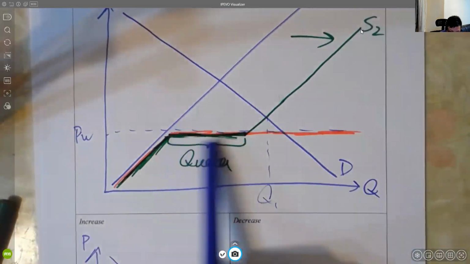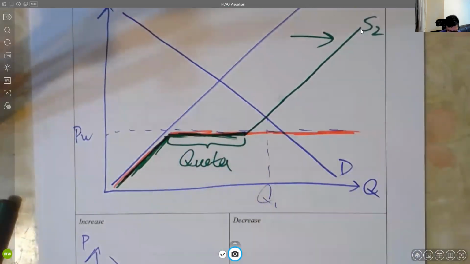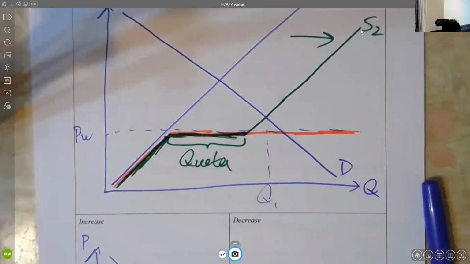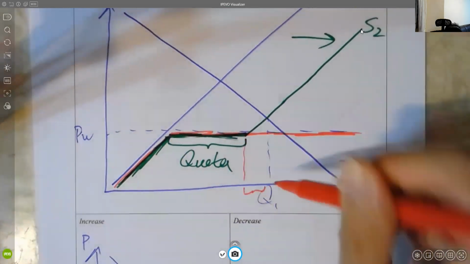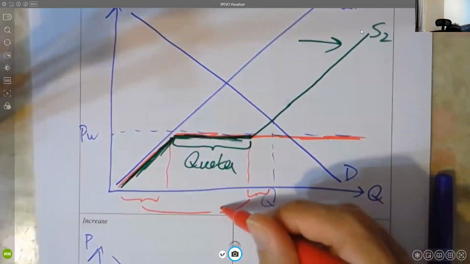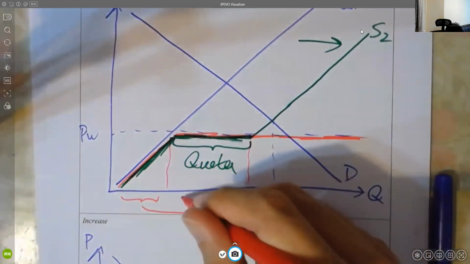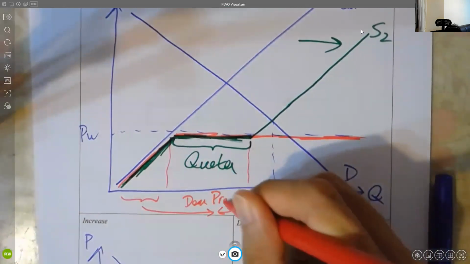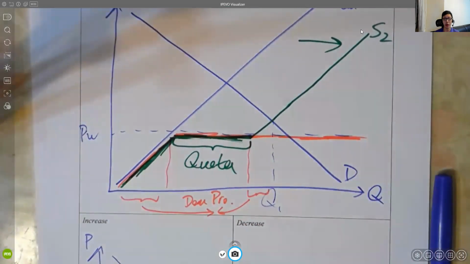So this quota will be used up. So this part and this part, these two adding together will be our domestic production. Okay, so it's a little bit difficult because it's being chopped up in our diagram.